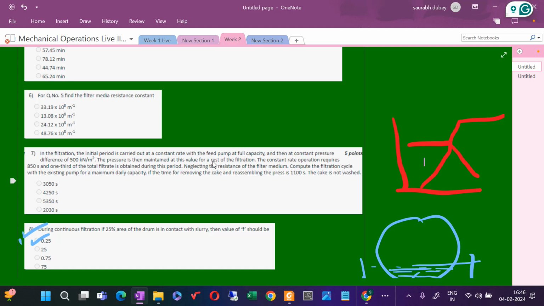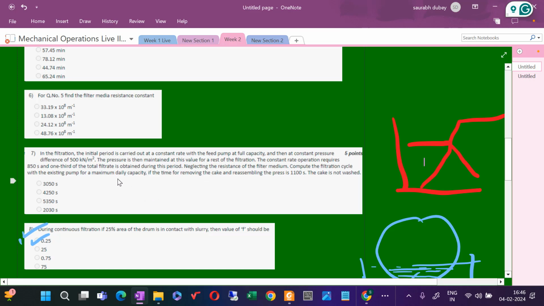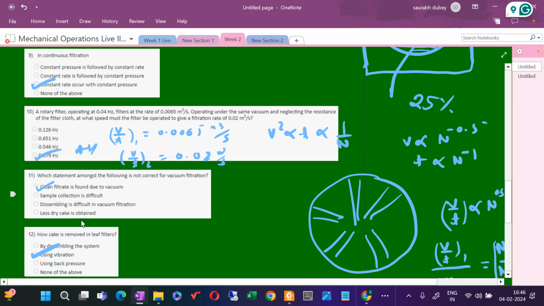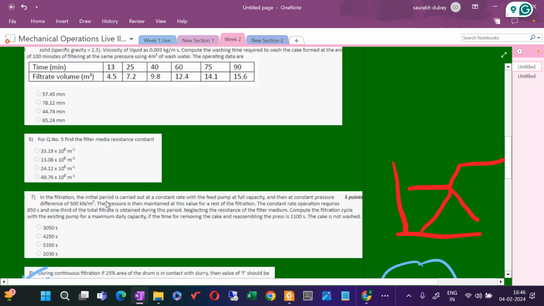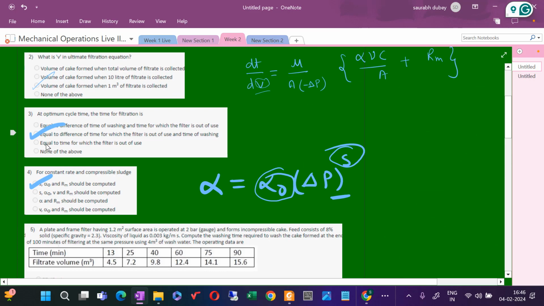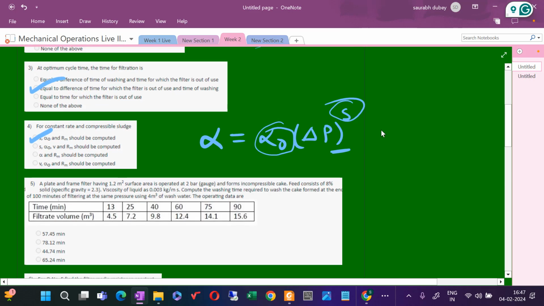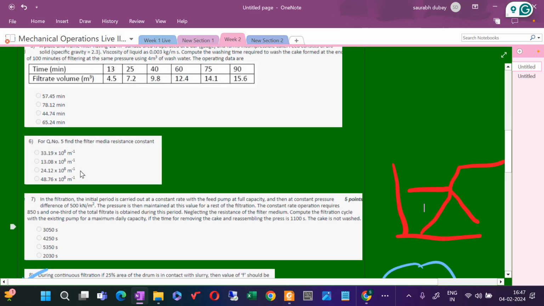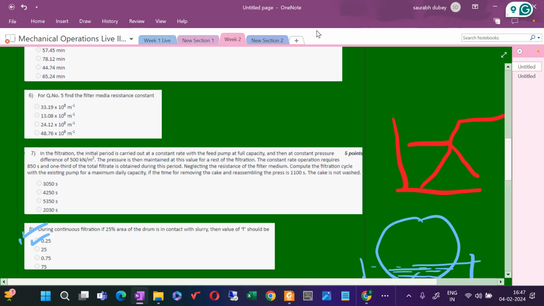Neglecting the resistance of the filter medium, compute the filter cycle with the existing pump for the maximum daily capacity. For the maximum daily capacity, what are the things to be considered? That has to be equal to the difference of the time for which the filter is out of use and the time of the washing.